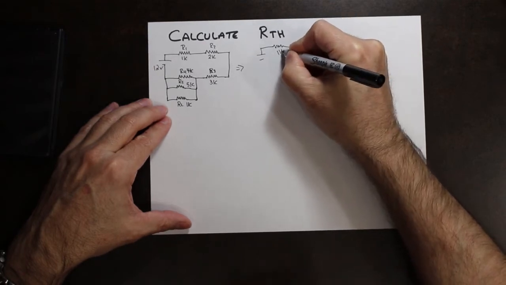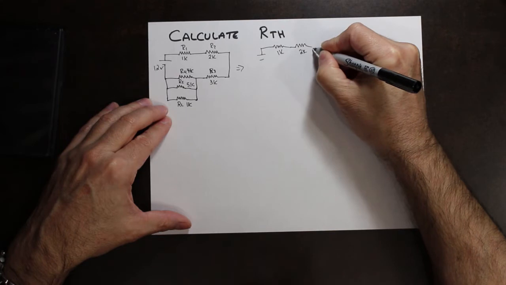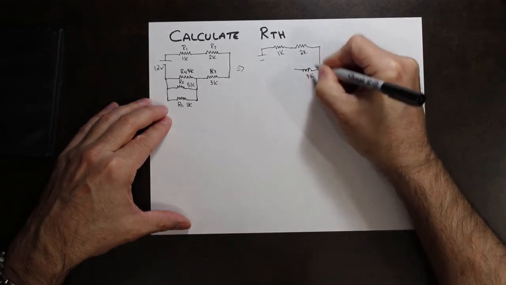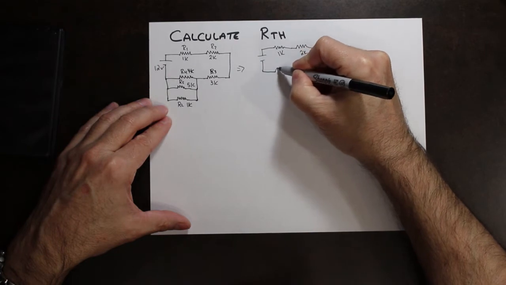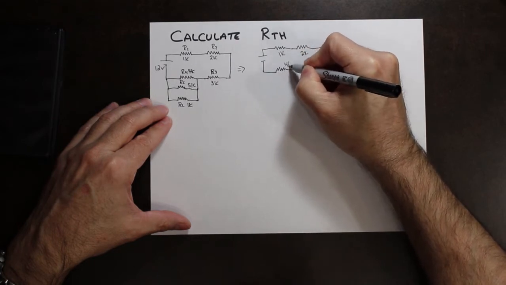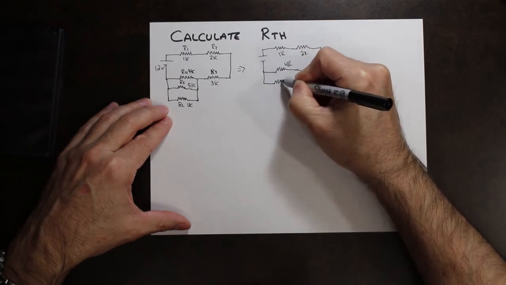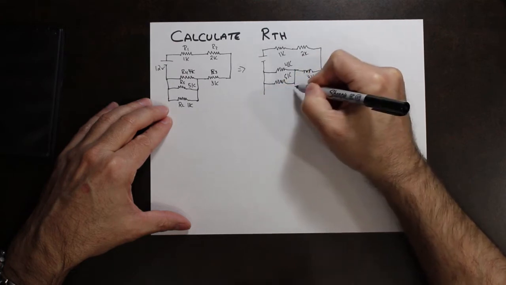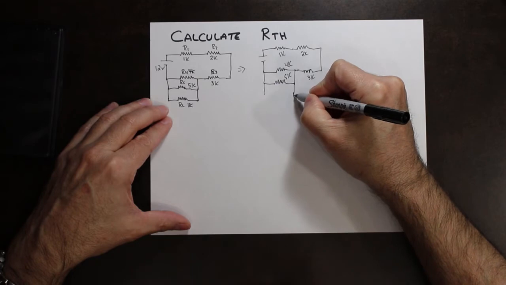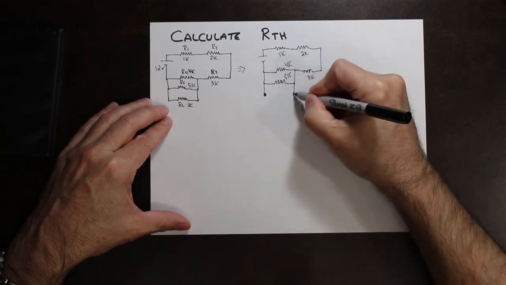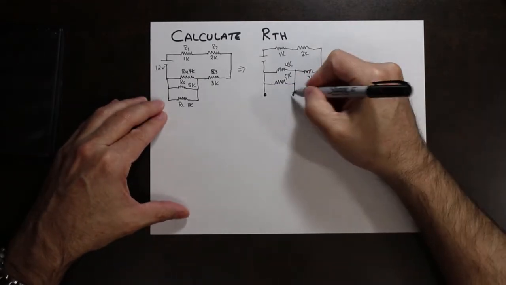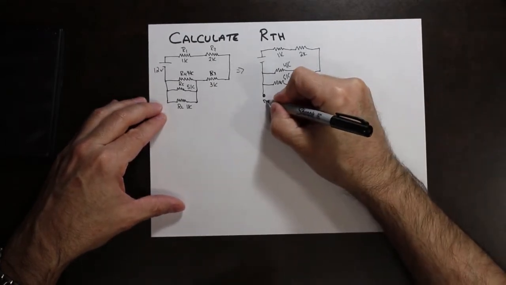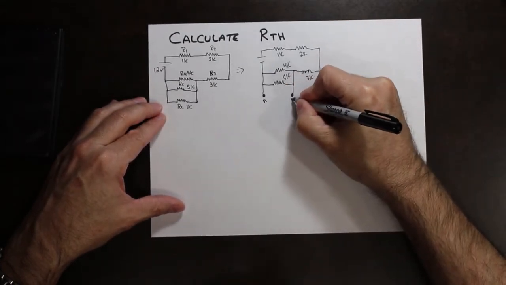This is a 1K here, this is a 2K here, there's a 3K, 4K, 5K, and then this is where the load was. So we remove the load, that's our first thing we do. Then in the notes, I suggest you mark it A and B.